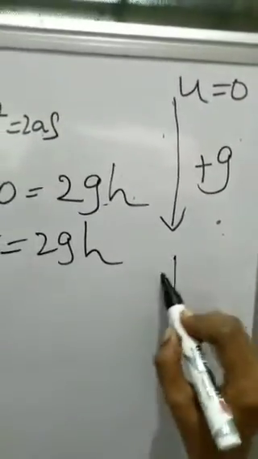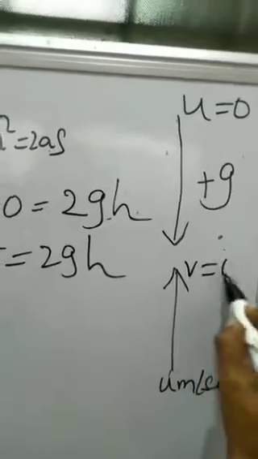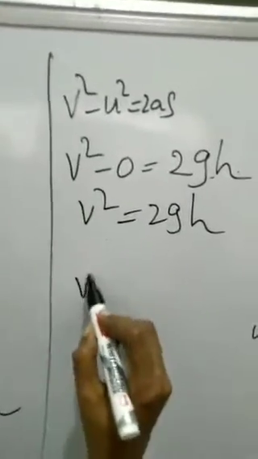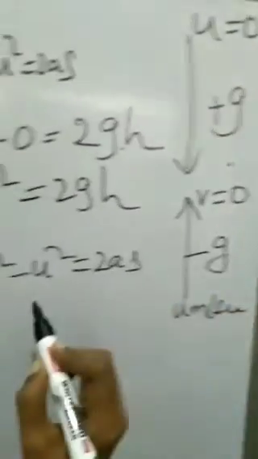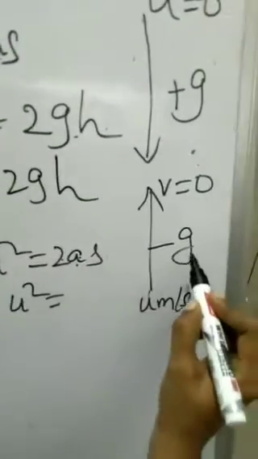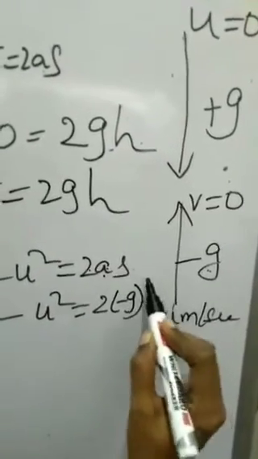If the body is thrown up with some initial velocity, what happens? Final velocity will become 0 and acceleration you will take as minus g. In the same equation, v square minus u square is equal to 2as, v is 0, so 0 minus u square is equal to 2 into minus g into h.